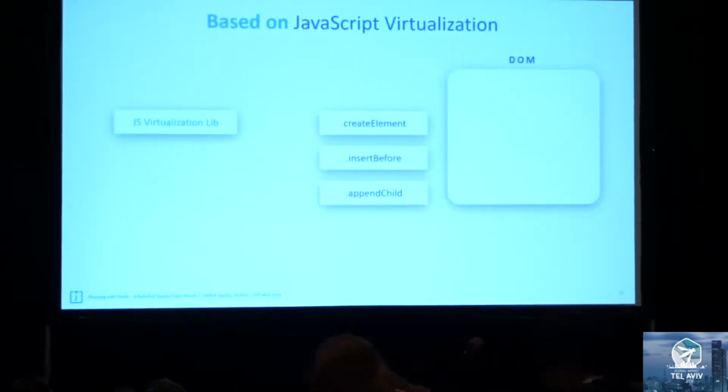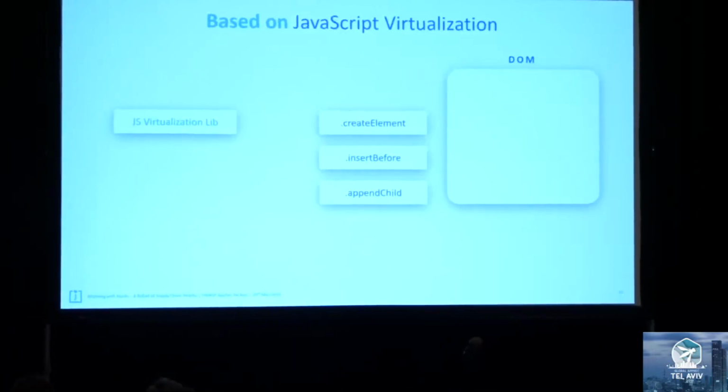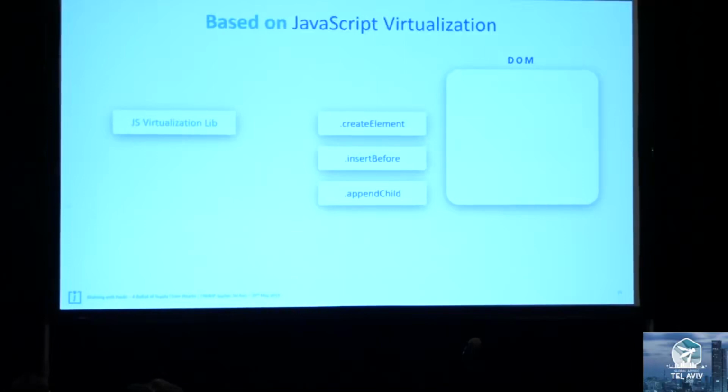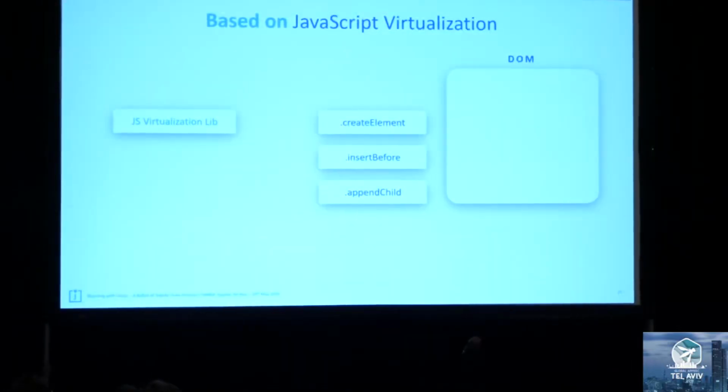All right, so the last one is based on what I call JavaScript virtualization. There are different solutions out there. This is my understanding of the typical solution based on this approach. You need to use some sort of JavaScript virtualization library that needs to run first.